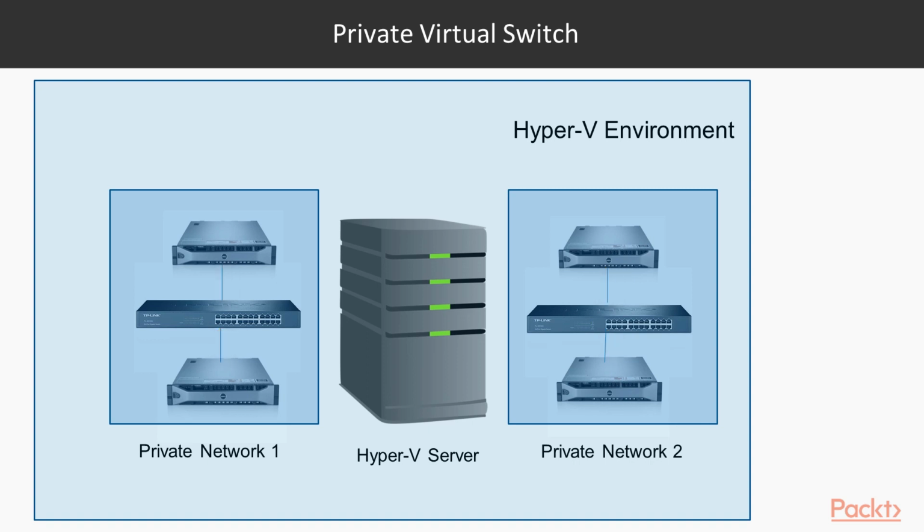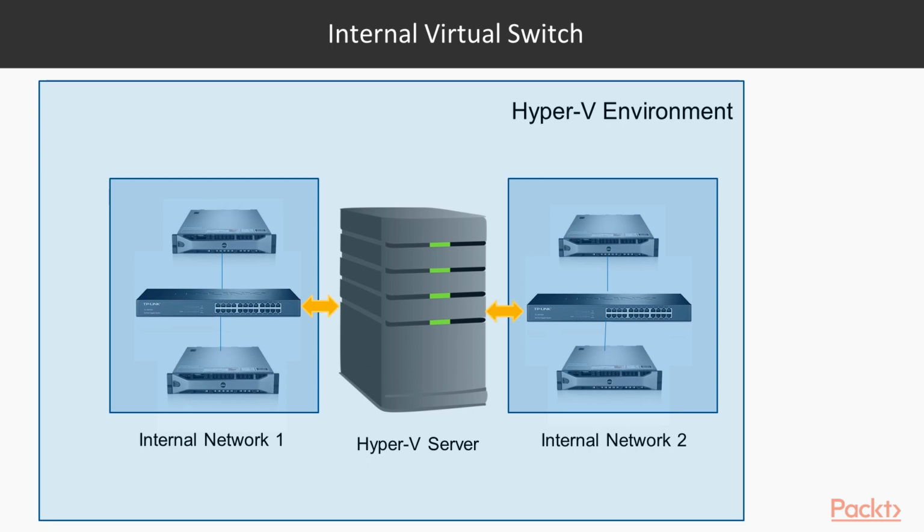A common method of providing external network connectivity to virtual machines in a private network is to deploy a software-based router, such as Microsoft's Routing and Remote Access, on one of the virtual machines. All of the virtual machines would have their network adapter's default gateway configured with the IP address of the virtual machine hosting the routing service.